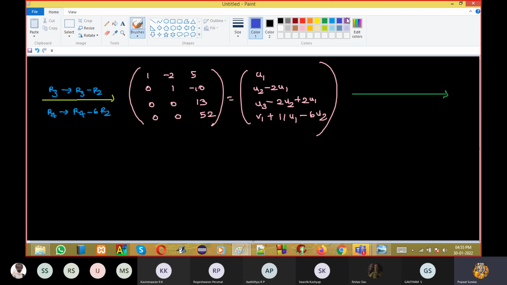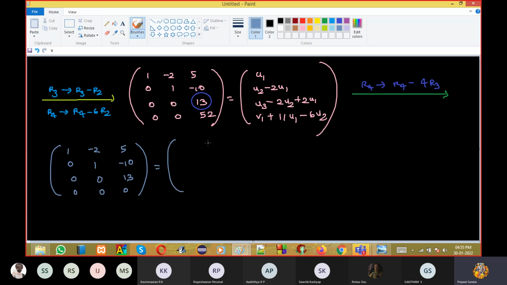So this is what I can do. Now next operation, I can keep this as pivot. Now row 4 implies row 4 minus 4 times row 3, since 52 is 4 times 13. Last operation I'm doing. So what can I get? I can get (1, -2, 5), (0, 1, -10), (0, 0, 13), (0, 0, 0).